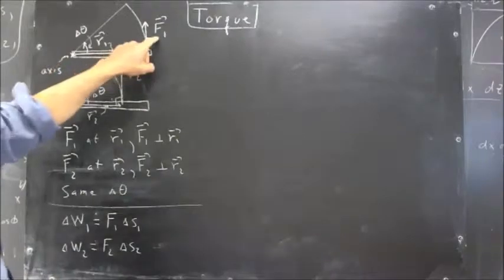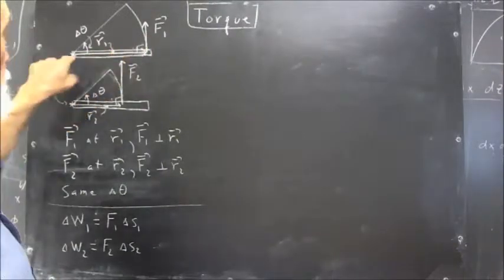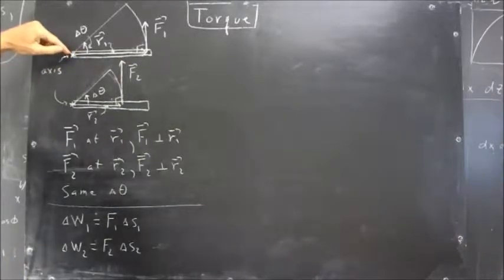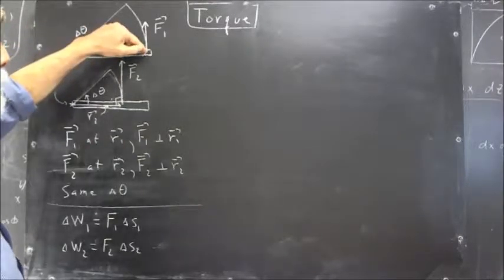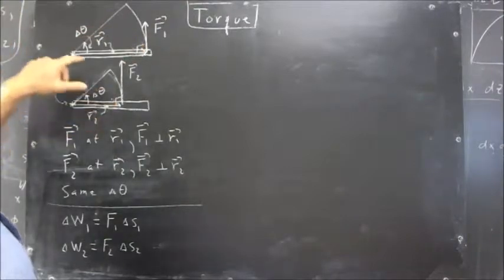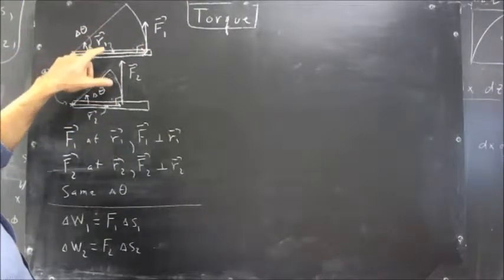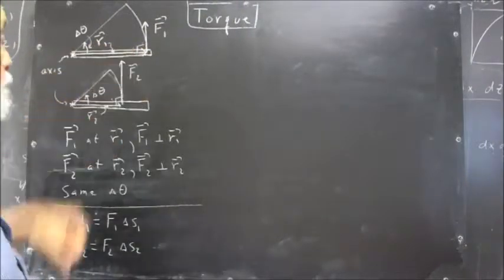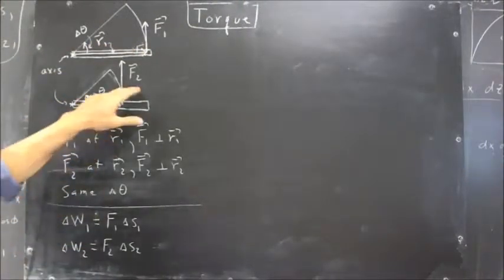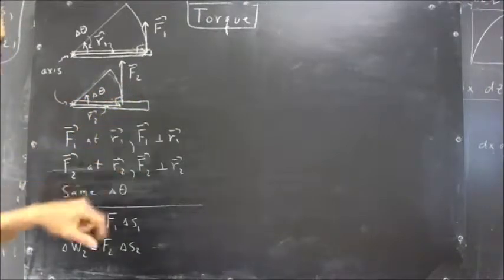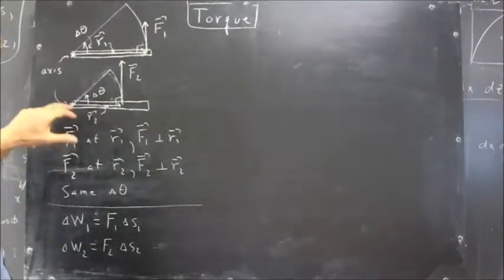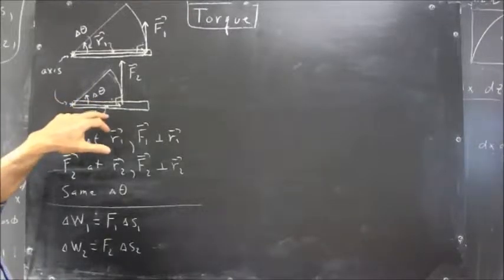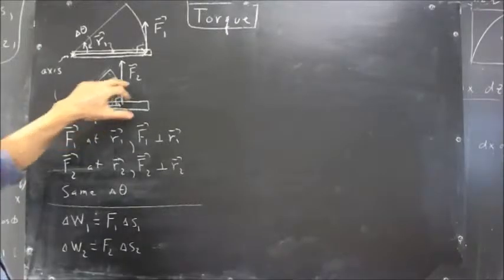Now, we have a force F1 acting on that body, and the vector from the axis of rotation to the point of application of the force is going to be the R1 vector. And we're going to assume for the moment that F1 is perpendicular to R1. Now here we have a force F2 acting on the same object, with the vector from the axis to the point of application being R2.